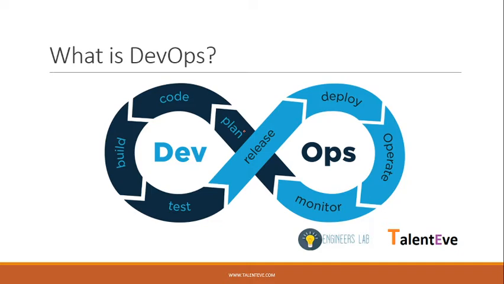They deploy, they operate it, and they monitor the functionality, and then come back to the development team again, and then the development team plans it, codes, builds. So there is a continuous cycle, an infinite cycle, that runs till the project closure. You can see a simple diagram here which explains DevOps.